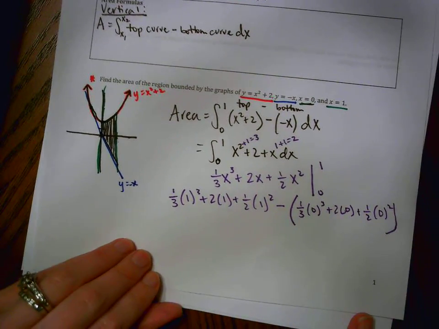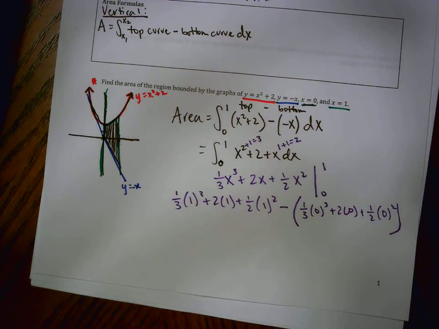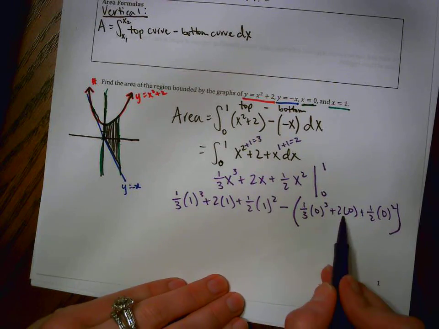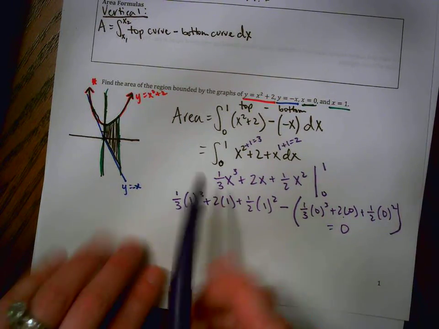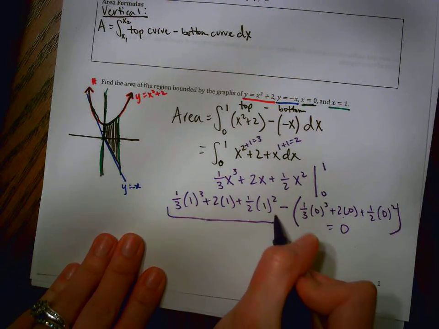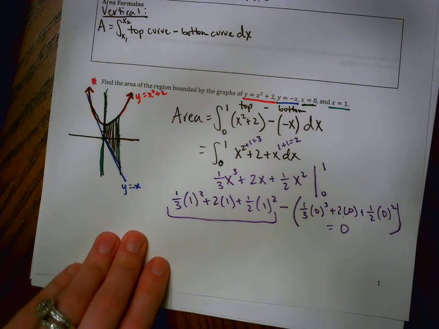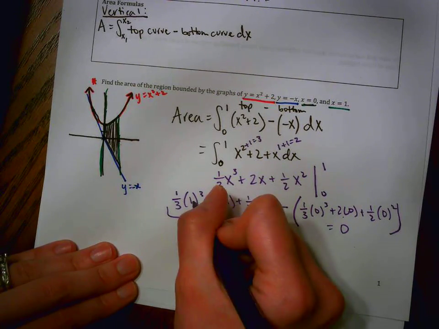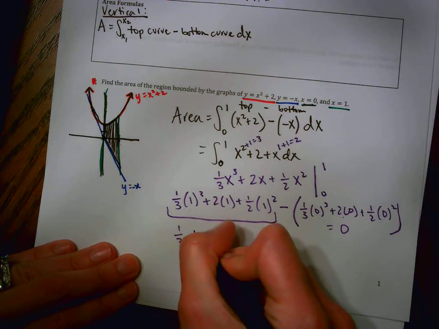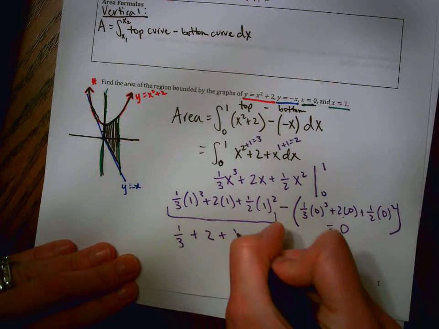Okay, so if we clean this up, it cleans up nicely, right? Because all these are being multiplied by 0, so this whole thing just equals 0. So we really just need f of b. So let's clean this up. That would just be 1/3 plus 2 plus 1/2.